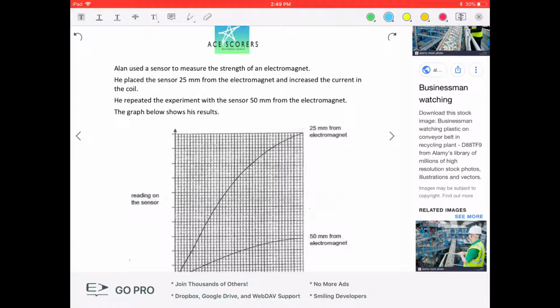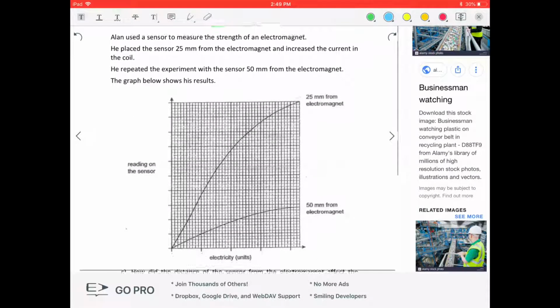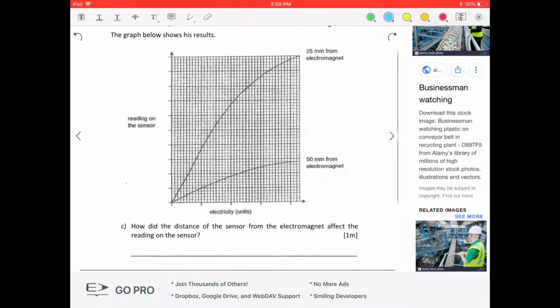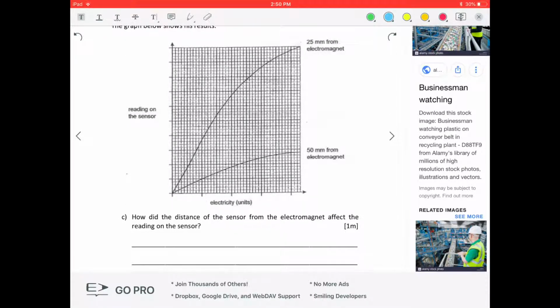Okay, so he used a sensor to measure the strength, repeat the experiment with 50. So it's further away, right? So reading on the sensor. Okay, so the distance of the sensor from the electromagnet affected the reading, right? The further it is, the smaller the readings. It is far away from the electromagnet, it's very near the electromagnet. So when it is further away, you see the reading is lesser.